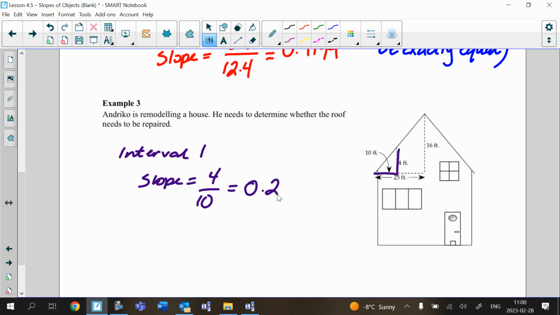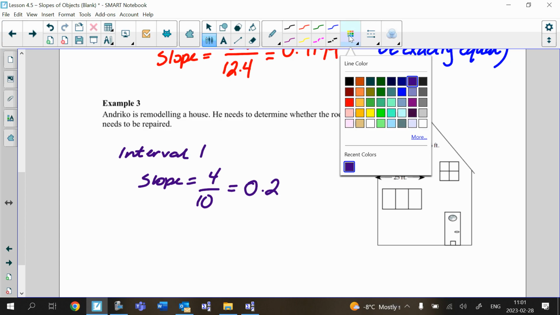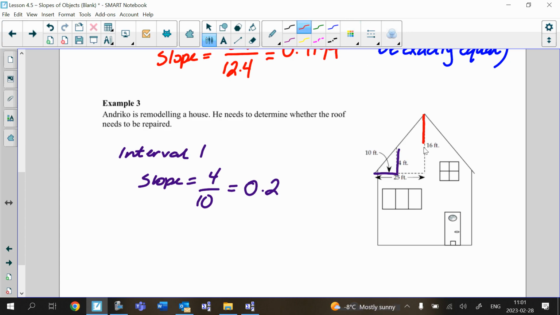For the second interval, we got a rise of 16 over a run of 25. So the slope is going to be 16 divided by 25, which when you change that to a decimal using your calculator, you get 0.64.